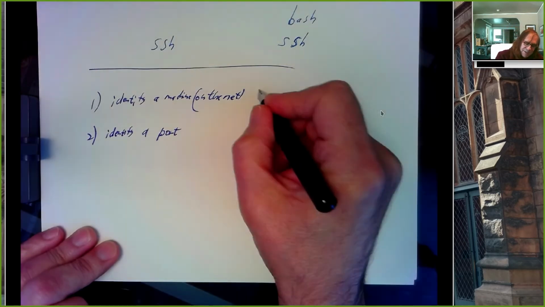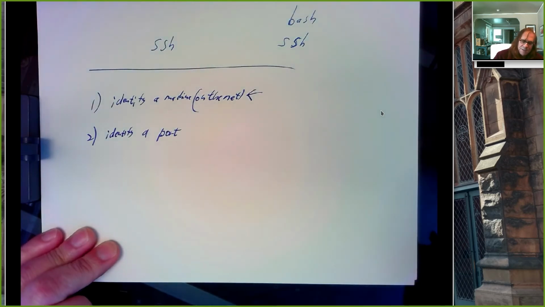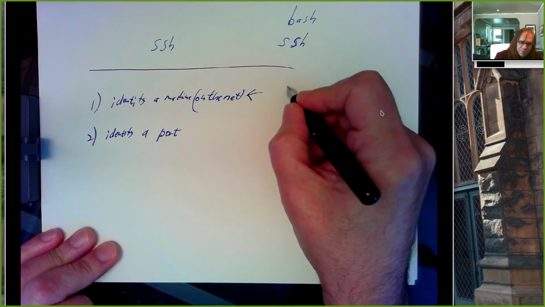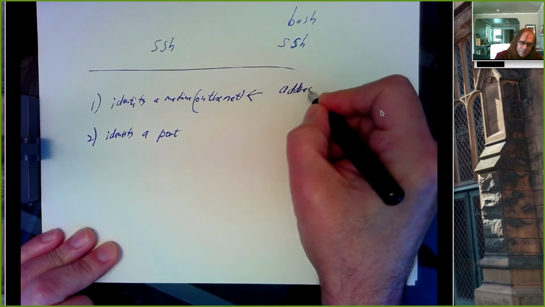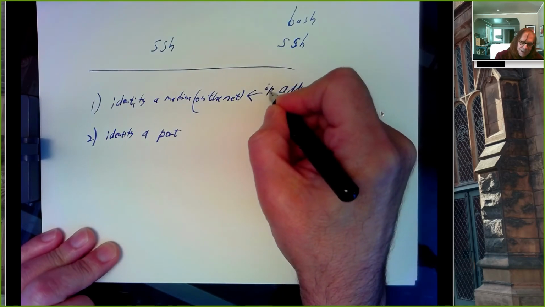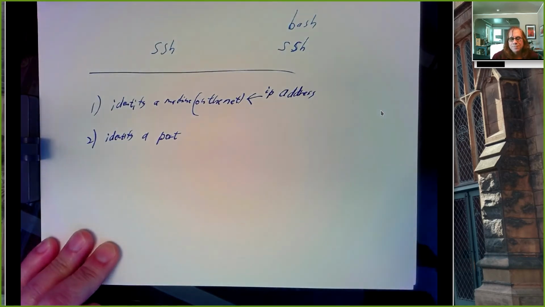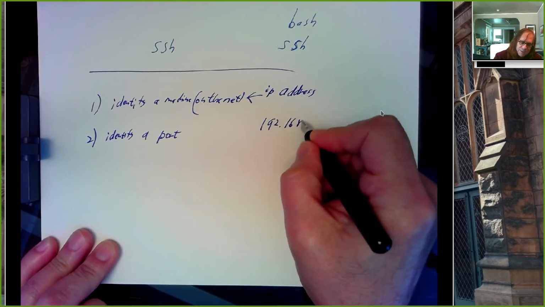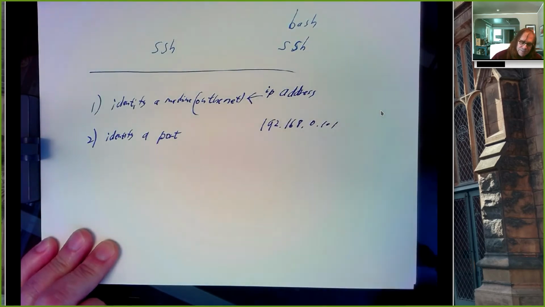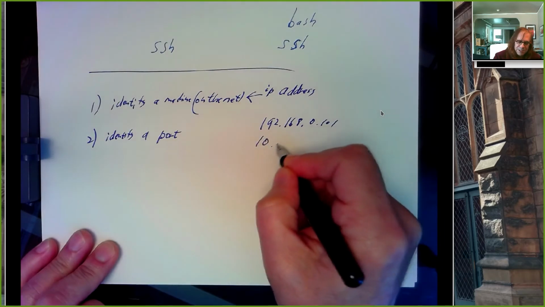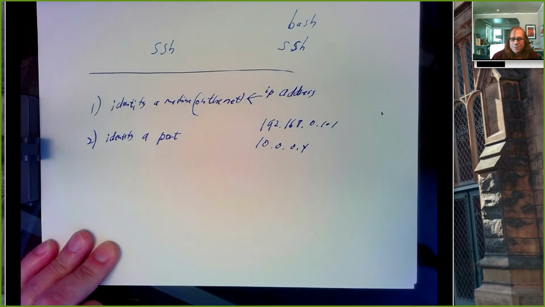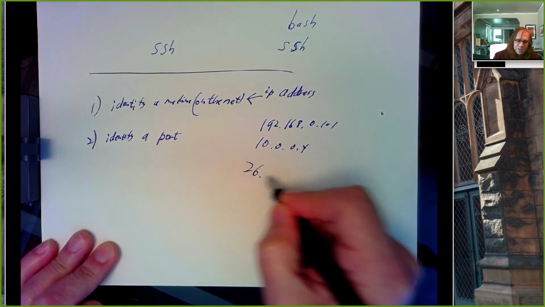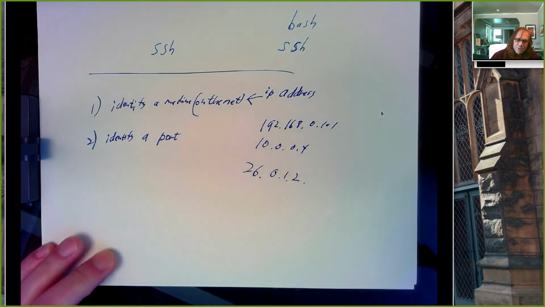Alright, so how do we identify a machine on a network? We need some kind of address. And we usually talk about IP addresses. So an IP address is something like 192.168.0.101 or 10.0.0.4 or 26.0.1.2.